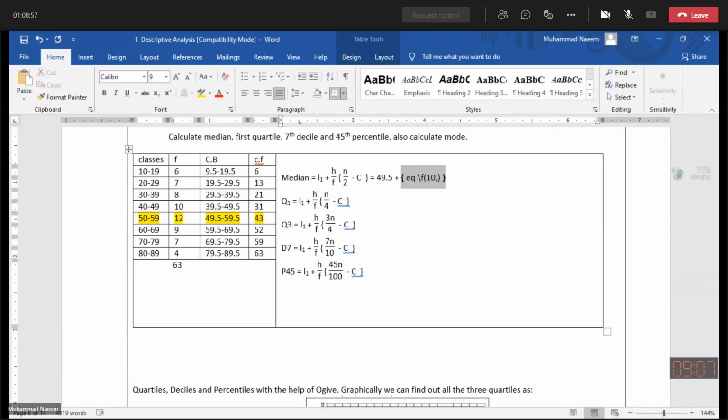And what is the value of f? F, the frequency of this highlighted class, which is 12.